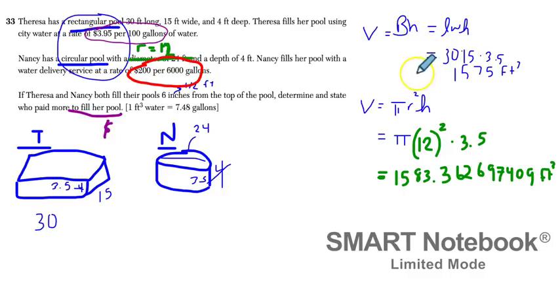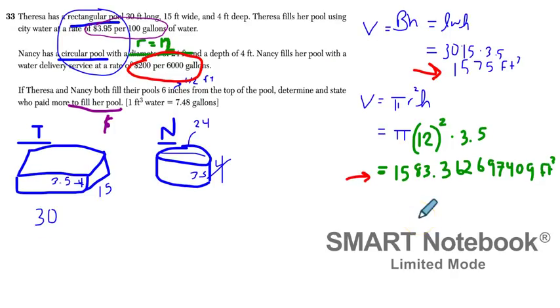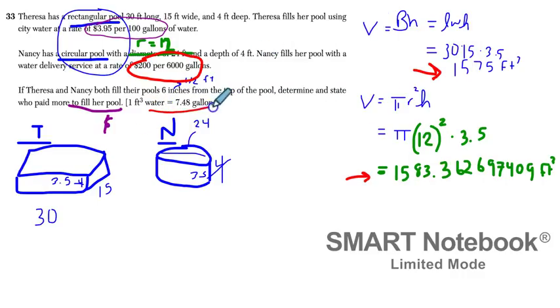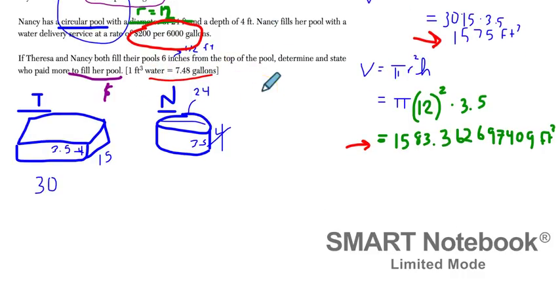Issue right now is we have the volumes of these pools in terms of cubic feet, so we need to convert them to gallons before we can start talking about cost. And we got lucky in this problem that they told us how many gallons are in a cubic foot. So there's 1 cubic feet of water is equal to 7.48 gallons.